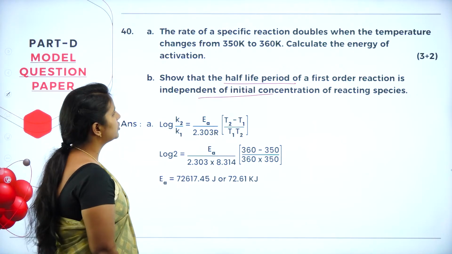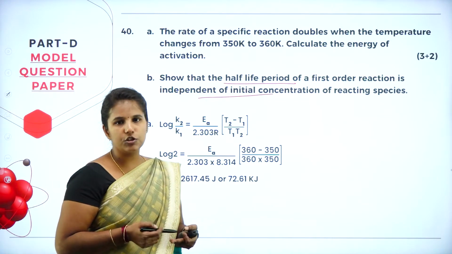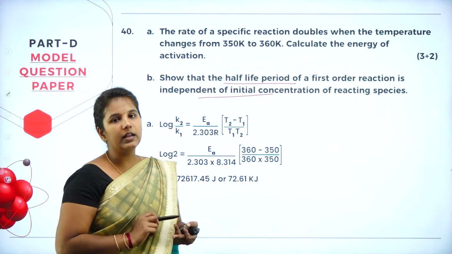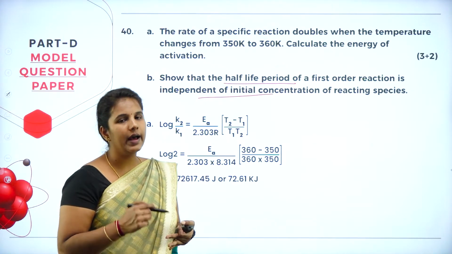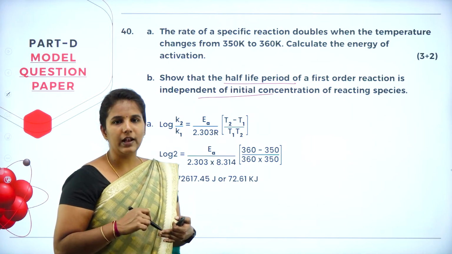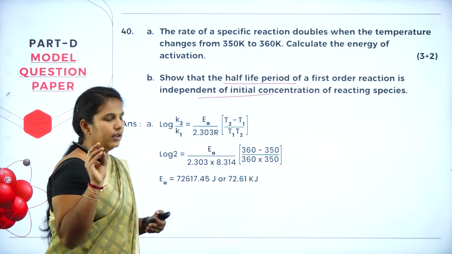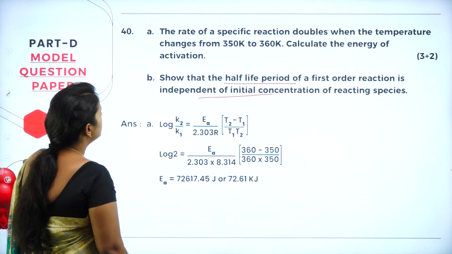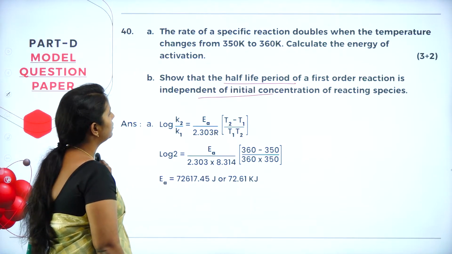I'll go with the first question. Hope you know that the first question will carry 3 marks, and the second question will carry 2 marks. For writing the proper formula, you'll get 1 mark, for substitution 1 mark, and for writing the values along with the units, you'll get 1 more mark. Here they have given the difference in temperature, that is 350 to 360.